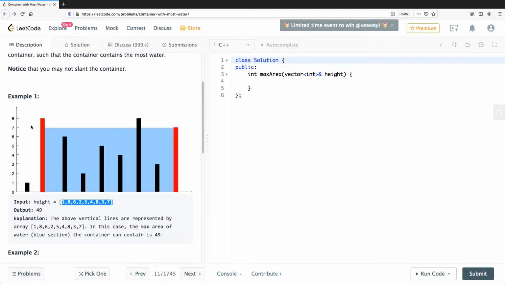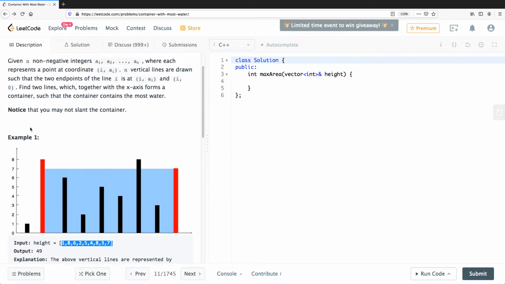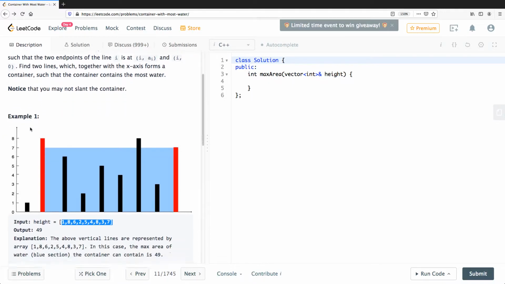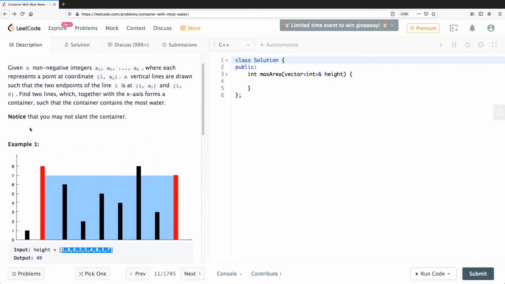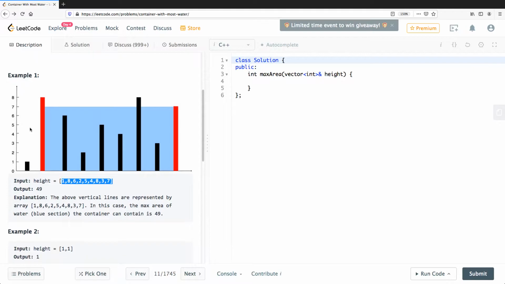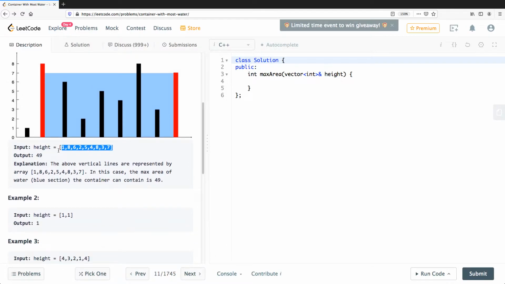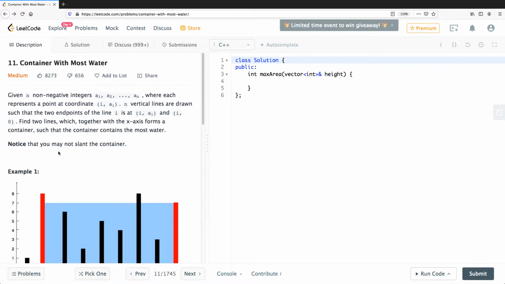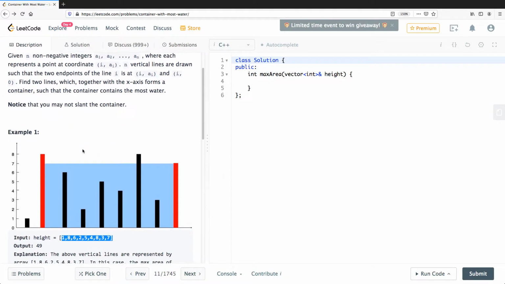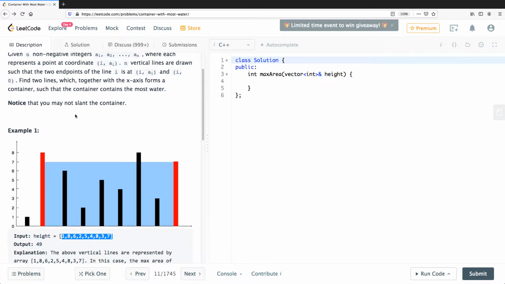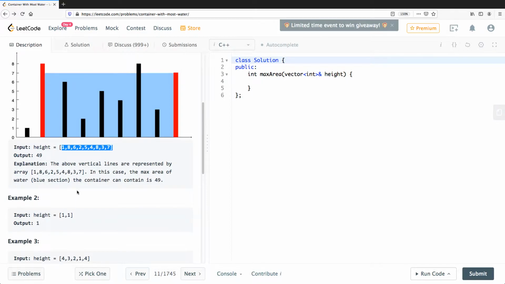And you may not slant the container, which is not much of a problem. That's already assumed, because your area calculations become easier if you don't slant. So the max area of water the container can contain is 49.